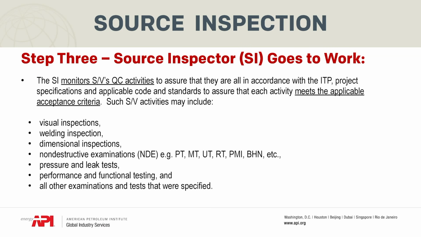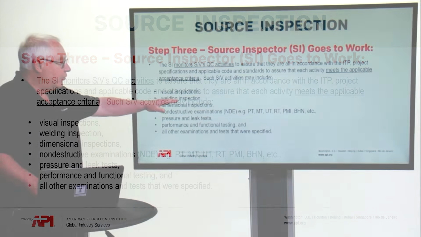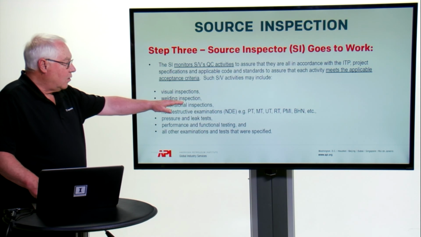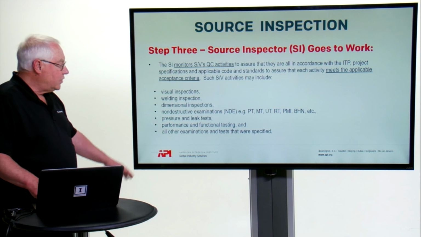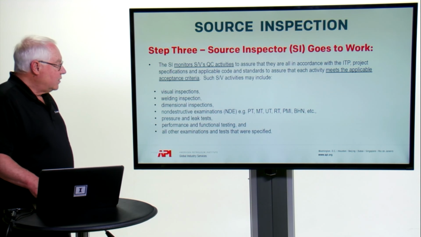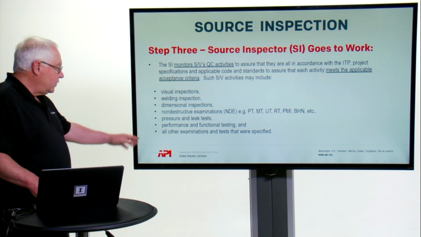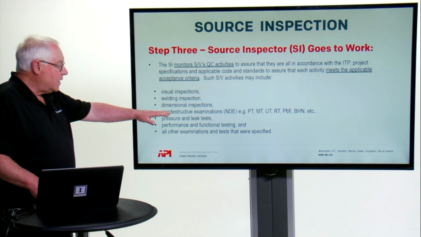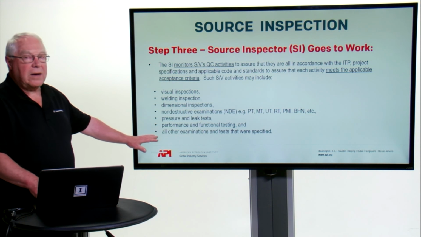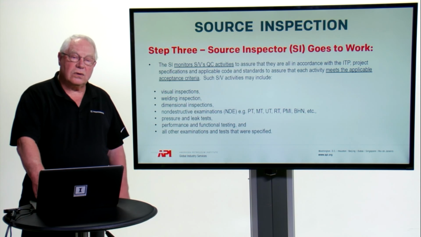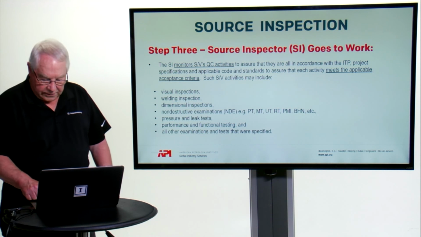You see several of them indicated here: pressure testing, mag particle, ultrasonic testing, radiographic testing, positive material identification, Brinell hardness checks, and a host of other types of tests and examinations, performance and functional testing before the product is shipped, and any of the other examinations and tests that were specified in step 1.